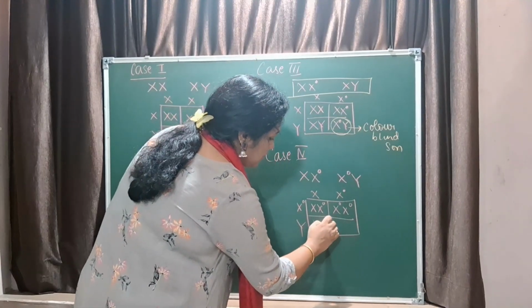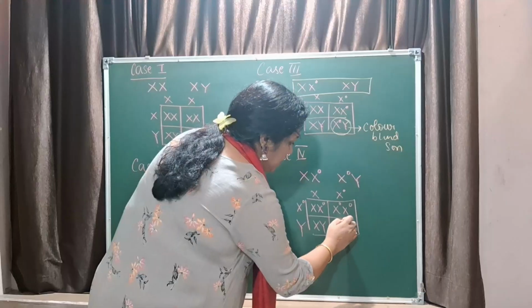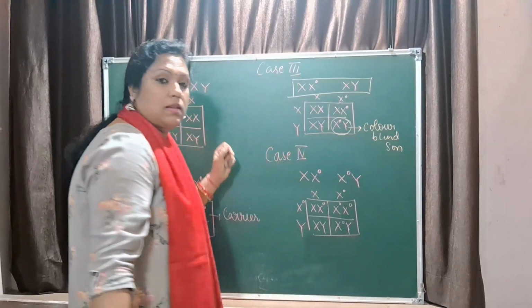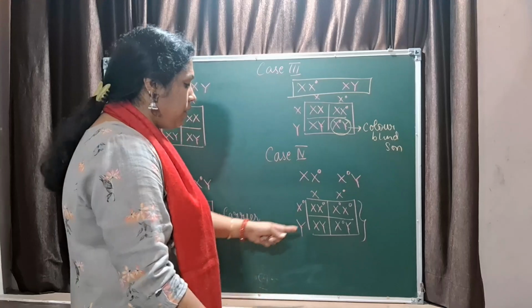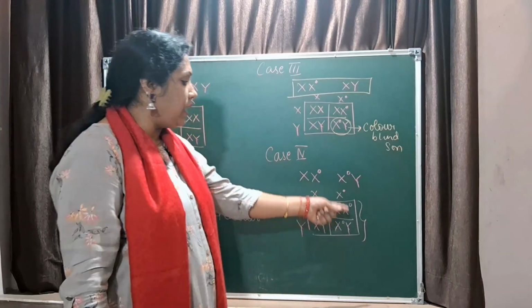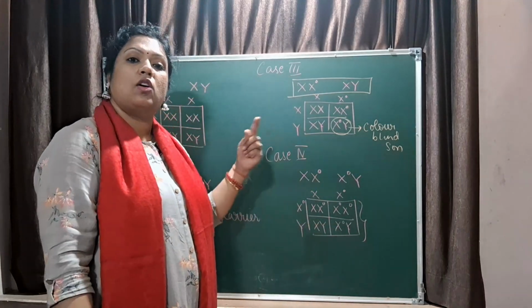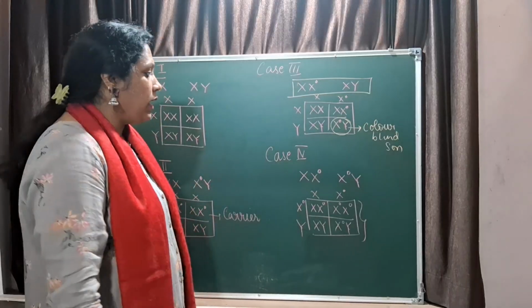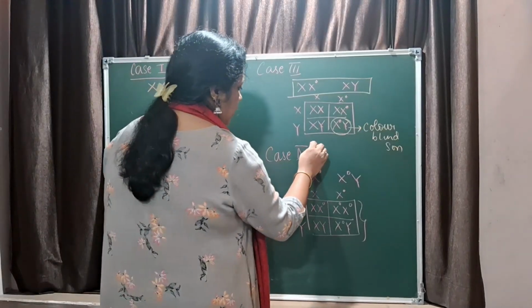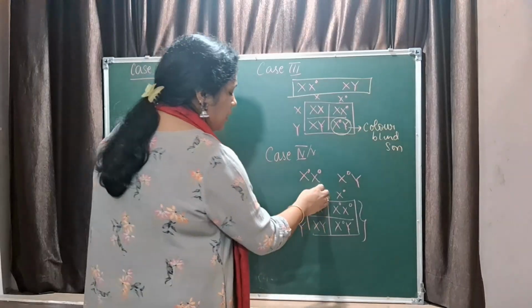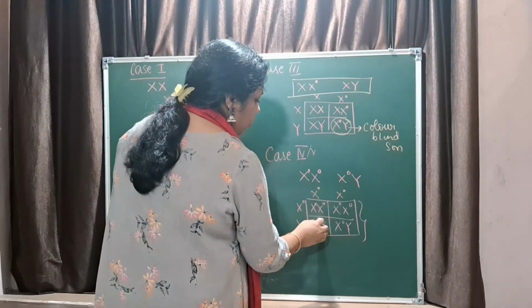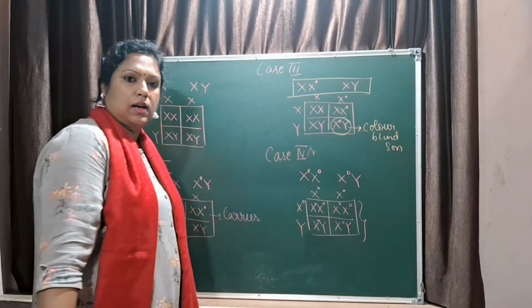The first son is normal, but the second son is colorblind. So 50% of the daughters are colorblind, 50% of the sons are colorblind, and 50% of all the offspring are also colorblind. And similarly, in case 5, if a colorblind female marries a colorblind man, then obviously all the children are supposed to be colorblind.